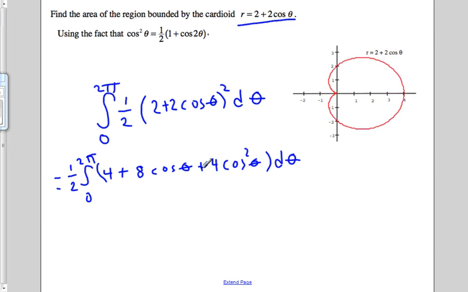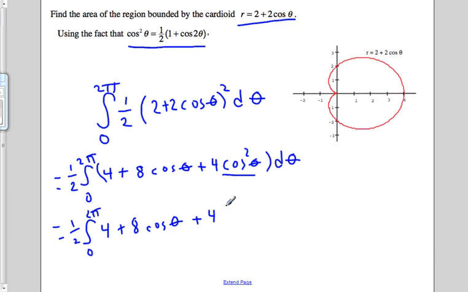And then what we need to do is use this hint that they gave us so that we could rewrite this as the integral from 0 to 2 pi of 1/2 times 4 plus 8 cos theta plus 4 times 1/2 times 1 plus cos of 2 theta.